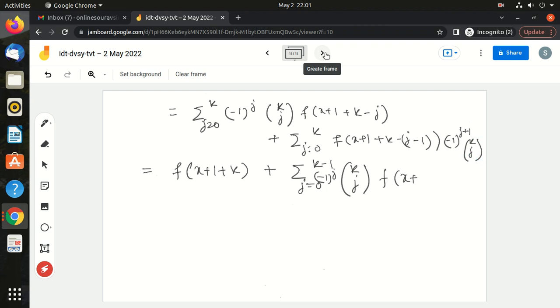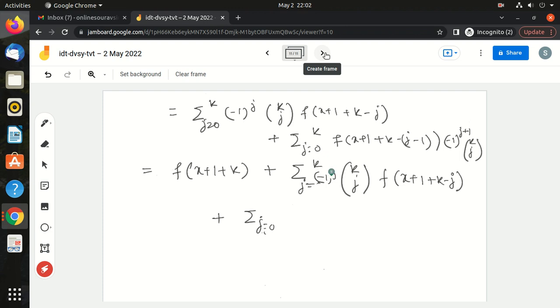So what is this? This is x plus 1 plus k minus j. This is from the second sum. So you singled out 0 from here. j runs from again 0 to, here I have made a mistake, you should be smart enough to point it out.